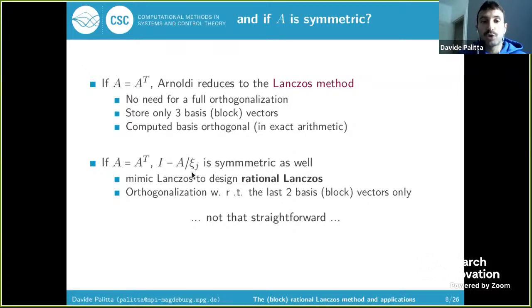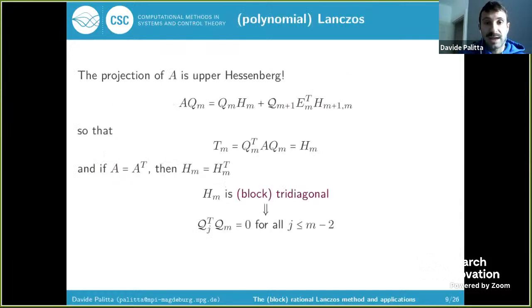So we may want to mimic the polynomial Lanczos to design a rational Lanczos. We could orthogonalize with respect to only the last two basis block vectors, so we don't perform a full orthogonalization, and we store only these last two basis block vectors. But unfortunately, it's not this straightforward, and I would like to see with you why this is not the case.